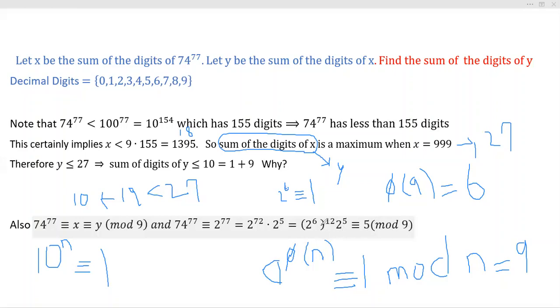So you see how this 2 to the 6th just simply got replaced by 1, and then 1 to the 12th is just 1. And 2 to the 5th is what? 32. 32 minus 5 is 27. So we get 5 as our solution, folks. Thought it was kind of cool. The sum of the digits of y is 5.